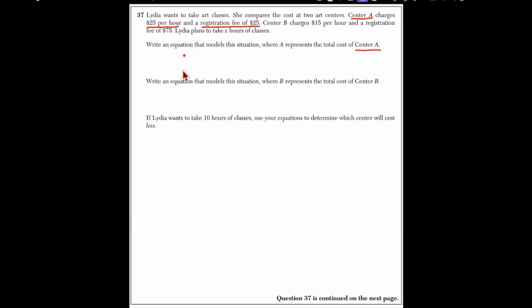So I know that situation A is going to look like 25x. And again, note, x here was the number of hours, so that checks out. Plus that registration fee of 25. And again, the main thing here is I'm recognizing that this is linear, it's slope intercept form. So that's how I know what the structure of this is going to look like.